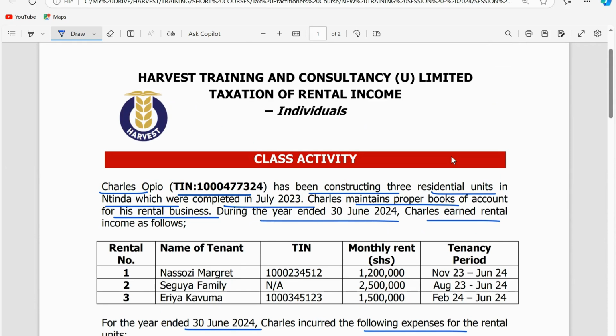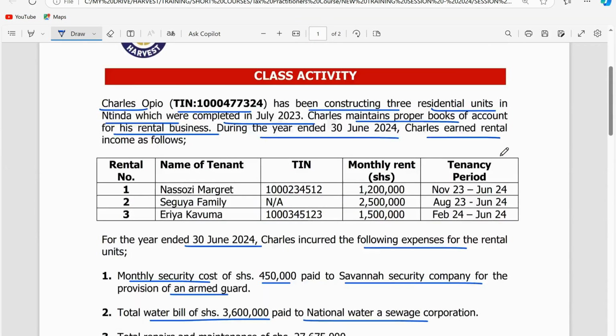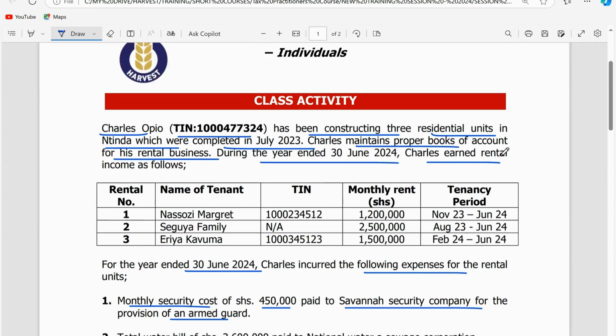It is a business that anybody can do. So we are going to address our clients and also address ourselves, how best we can position ourselves in this business to ensure that we are compliant with the tax law, but also paying a lesser tax. So we shall begin by determining the chargeable.